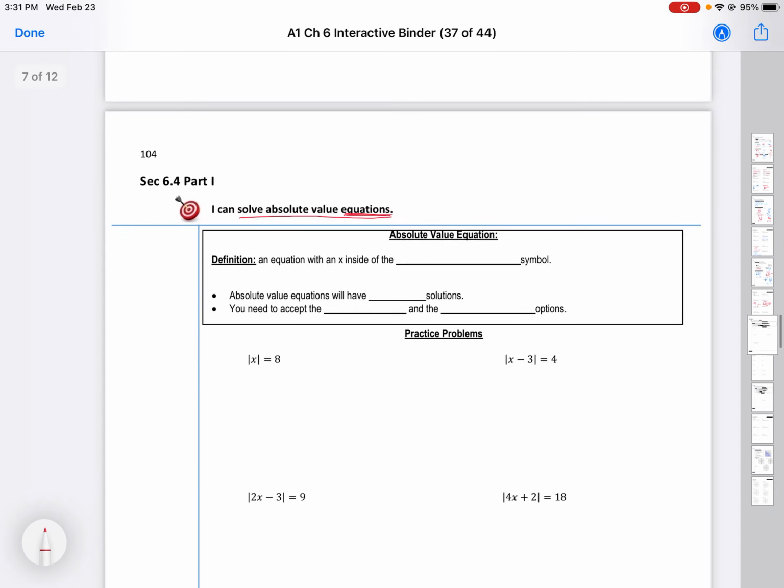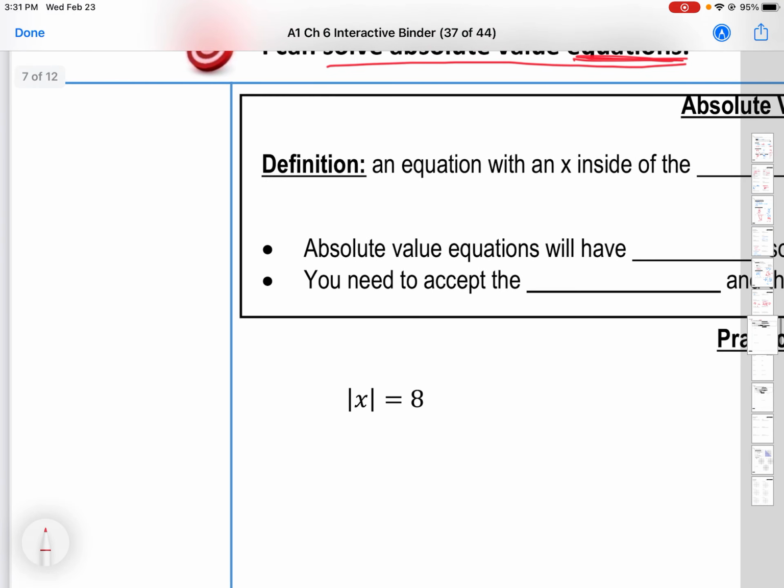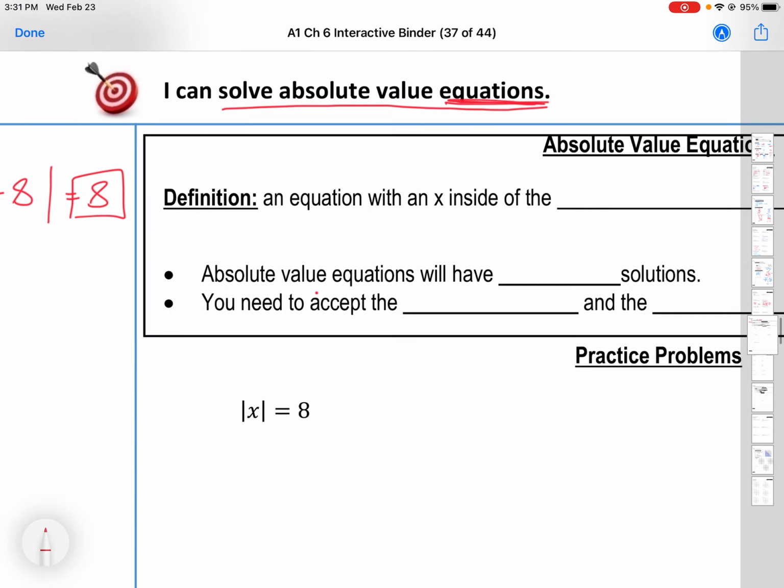So remember, if you remember back to the beginning of the year, absolute values, everything that comes out of an absolute value is always positive. So the absolute value of -8 is +8. It's the distance that we're away from 0, and distance is always positive.